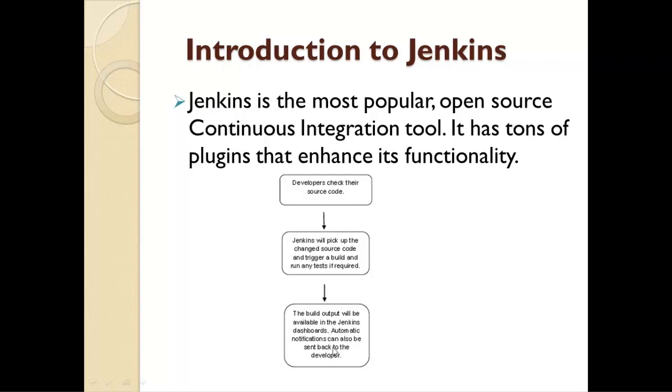Automatic notification can be sent back to the developer. Once the source code is built, a notification can be sent to the developer about how it was executed, what the output was and how it was built. Every detail we can generate using Jenkins.